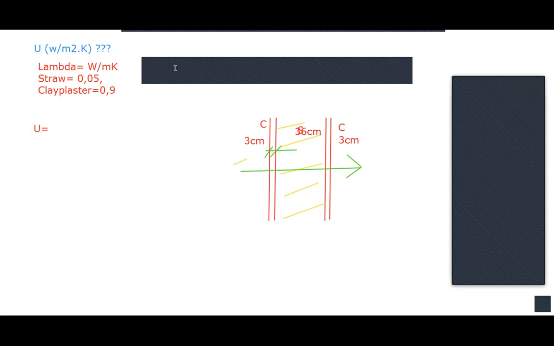So we should not forget that 3 centimeters are, for example, 0.03 meter. This is the distance for clay plaster. Distance for straw is 0.36 meters. It would be a wrong solution if you would add centimeters.